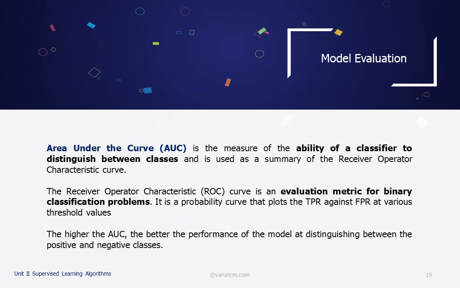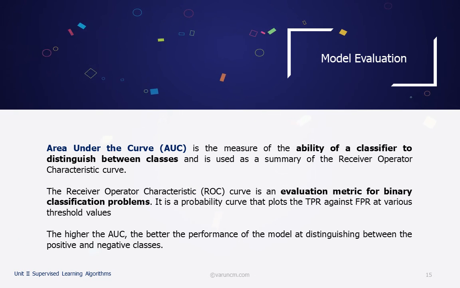The ROC curve is an evaluation metric which is used for binary classification problems. It is the probability curve that plots the TPR against the FPR. TPR is the true positive rate and FPR is the false positive rate. So you are going to plot these two values in the probability curve.